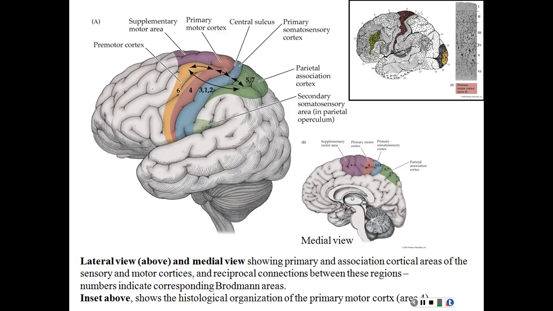Not this area, not this area, not this one. And he wondered whether or not the functional differences between these areas of the cortex matched some sort of anatomical differences. And sure enough, he was right. That histologically, the organization of the neurons, the density of the neurons, the size of the neurons shifted in all these different parts of the cerebral cortex. And he could match them up precisely with function. So that was incredibly cool.